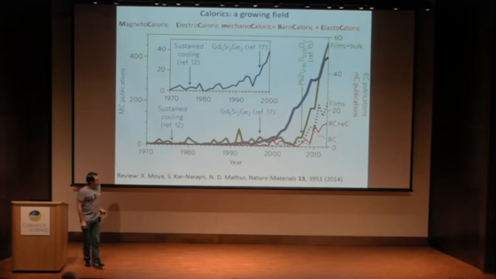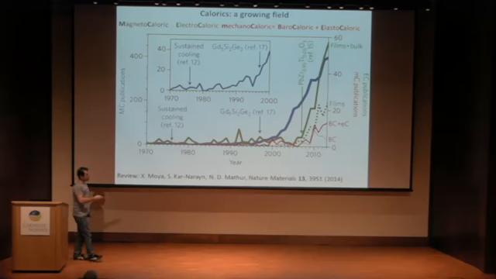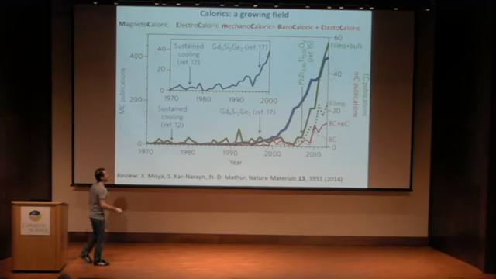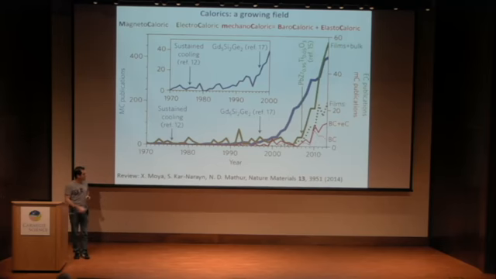This is a rather hot topic, in the sense that more and more people are interested in this field. This slide shows the increase of scientific work. This is from a review by the group of Neil Mathur from Cambridge.